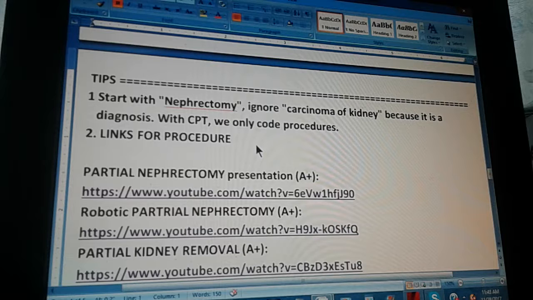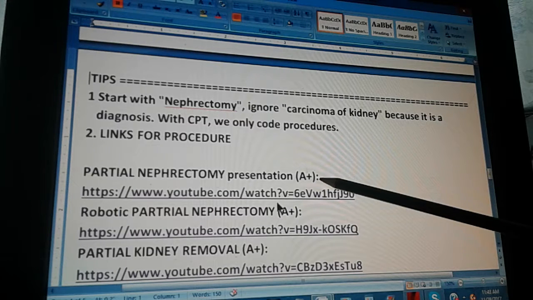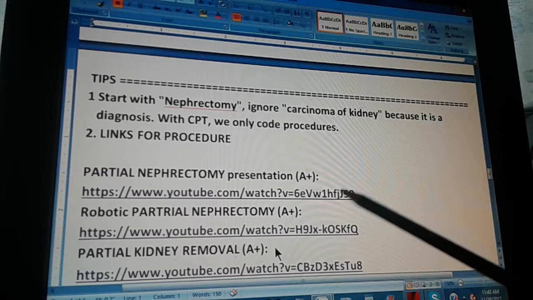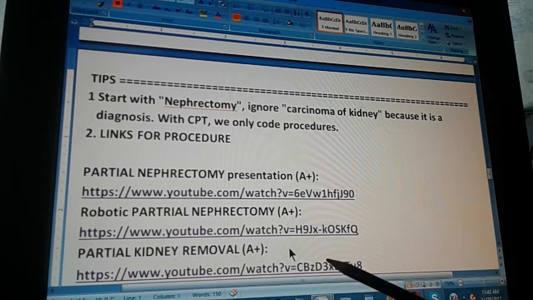Now, the second part of our tips are the links for the procedure, so you can understand what it is that they're doing. We have selected the best videos from YouTube, and the best ones, as usual, have the A+ there, which means that we recommend you see these 3 videos. Okay, so if you want to understand the procedure, see these 3 videos, please.